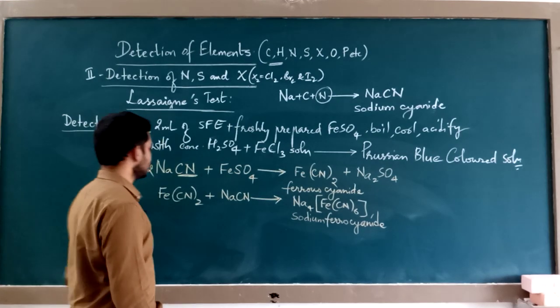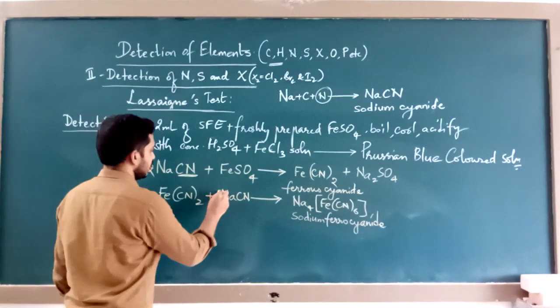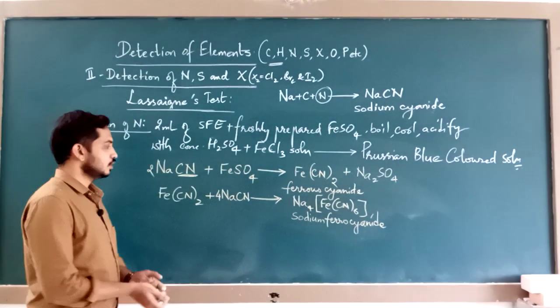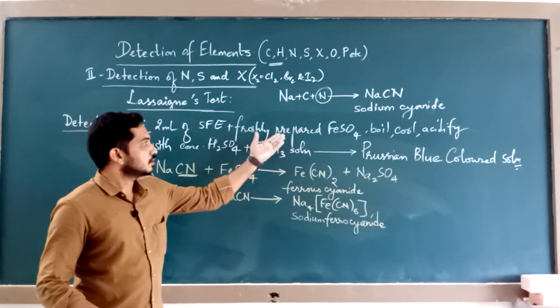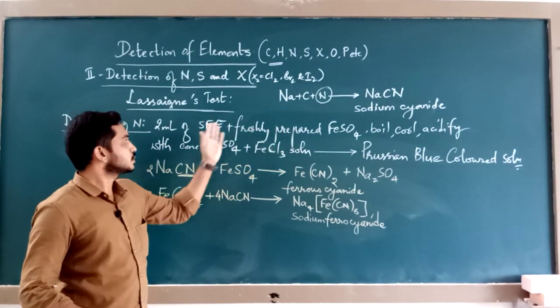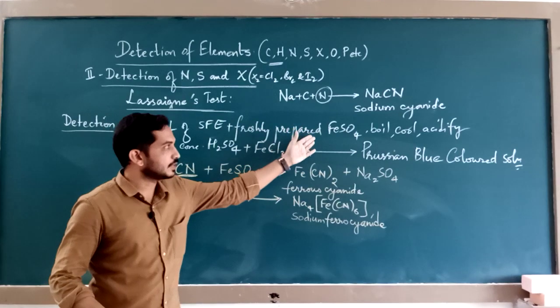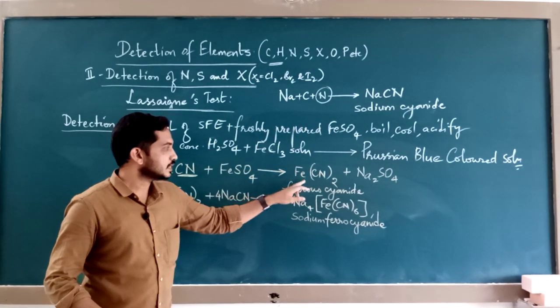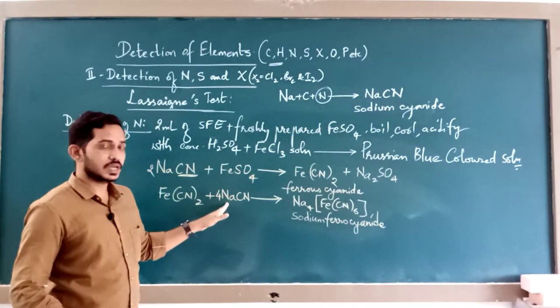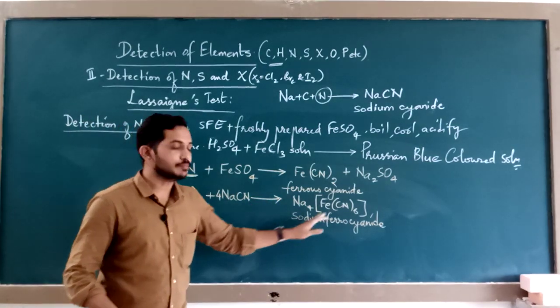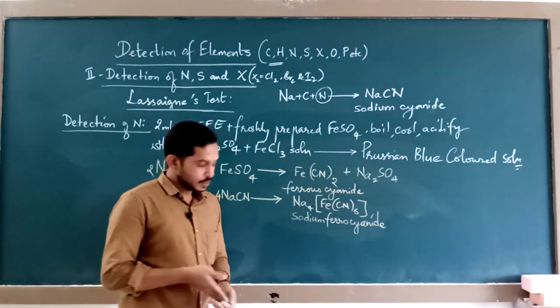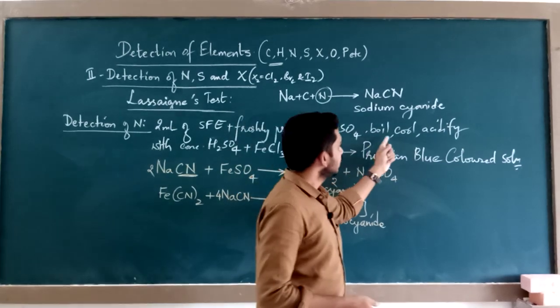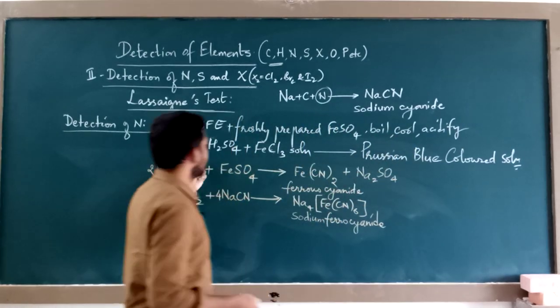How do you balance this? By writing 4 here. So ferrous cyanide, which was formed once when Lassaigne's extract and ferrous sulfate were reacted, reacts with more of sodium cyanide and gets converted into sodium ferrocyanide. So to this sodium ferrocyanide you will cool and then add sulfuric acid.